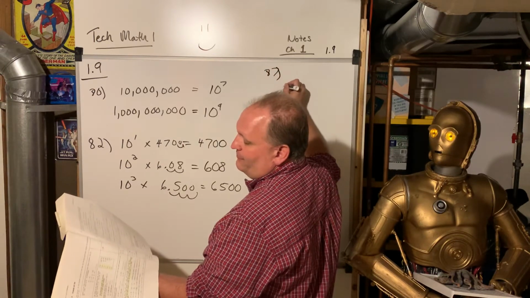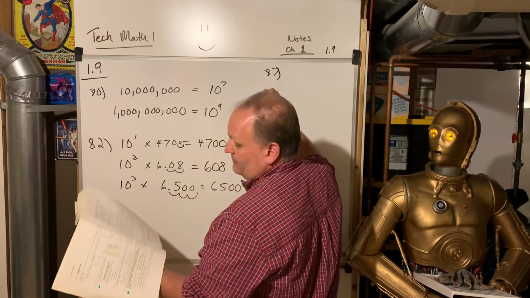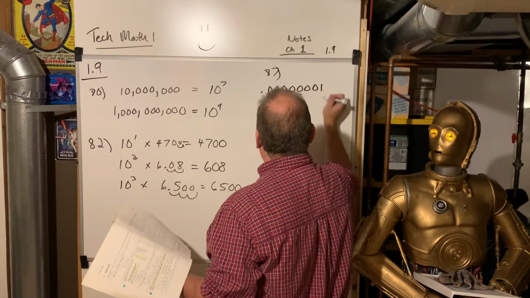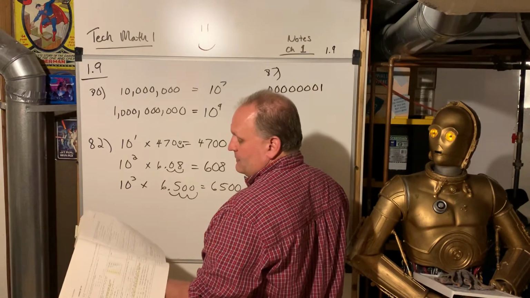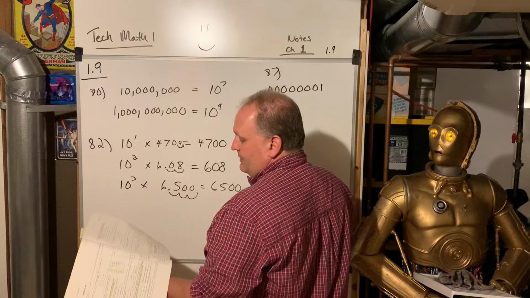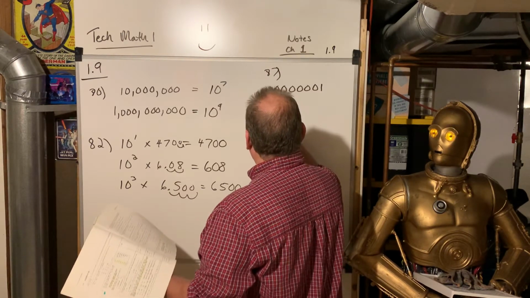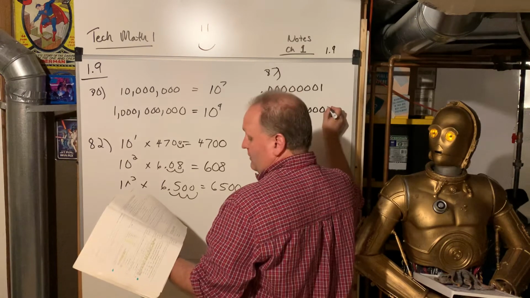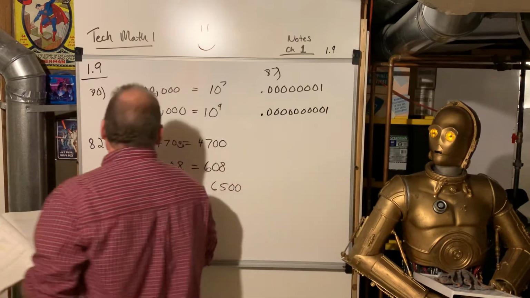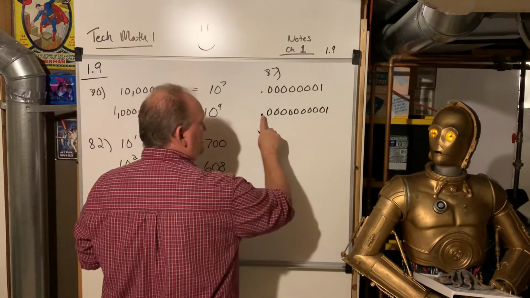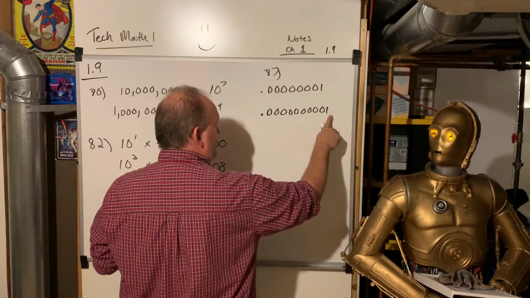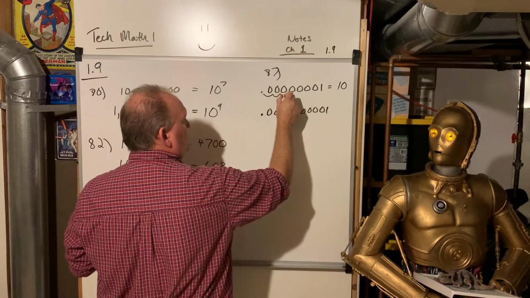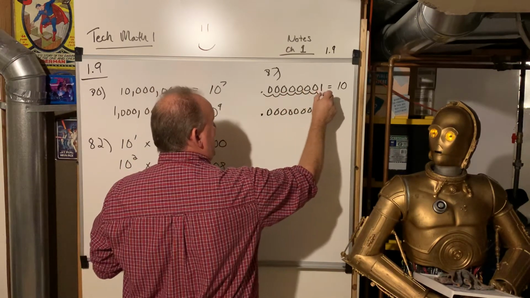87. What if we go the other way? Now, this might be something you didn't really think about. 1, 2, 3, 4, 5, 6, 7 zeros and a 1. Let's see, 1, 2, 3, 4, 5, 6, 7, 8, 9 zeros and a 1. So now this time, if I want to move the decimal from here to there and write this as a base 10, it would be 1, 2, 3, 4, 5, 6, 7, 8 places.